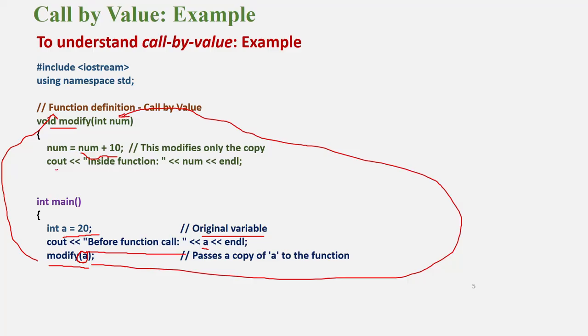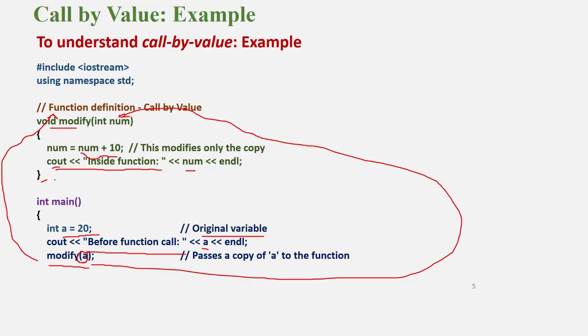We can display it to check whether the value of num is modified or not. We have displayed it using cout: one message is displayed inside the function, then the num value. With this closing bracket we close the function definition.